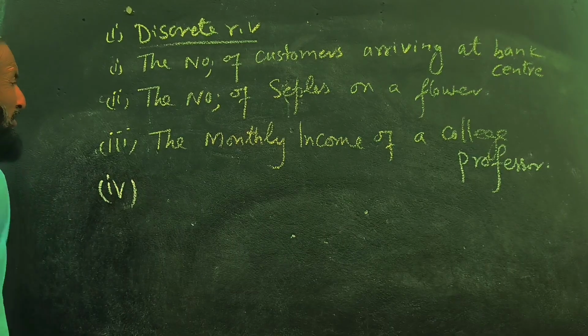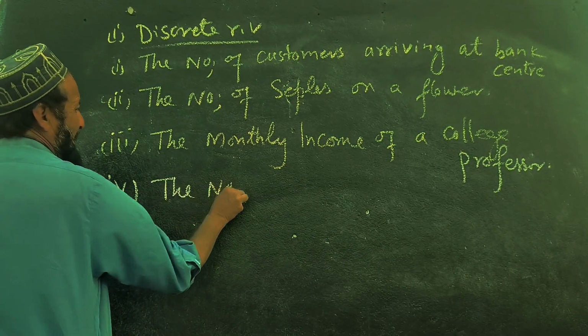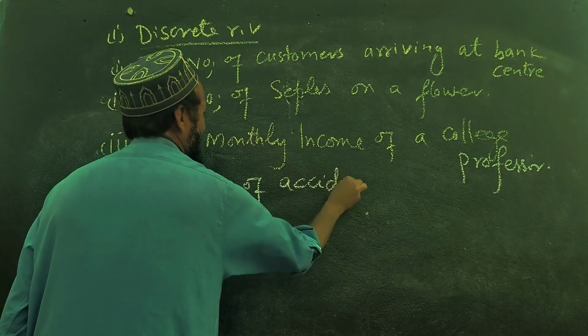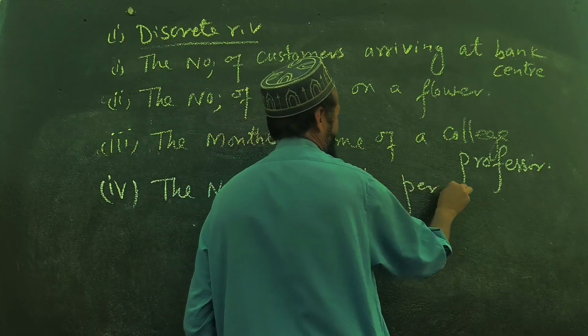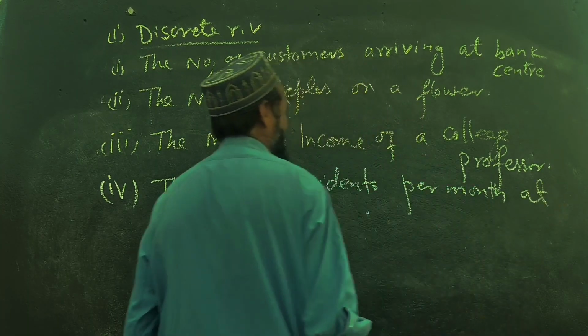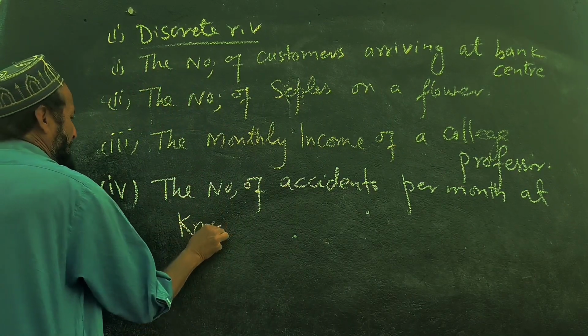And number four, the total number of accidents per month in Karachi city.